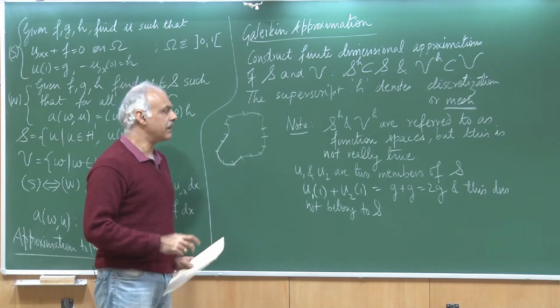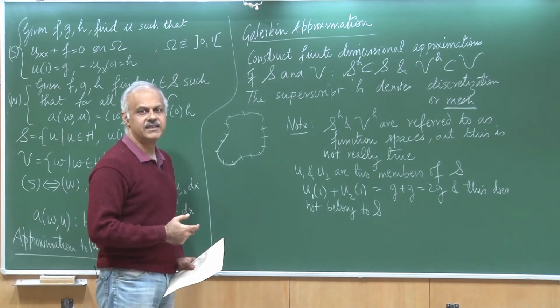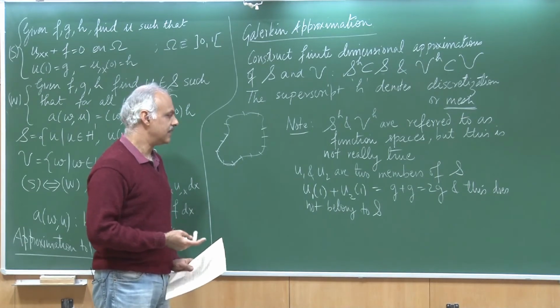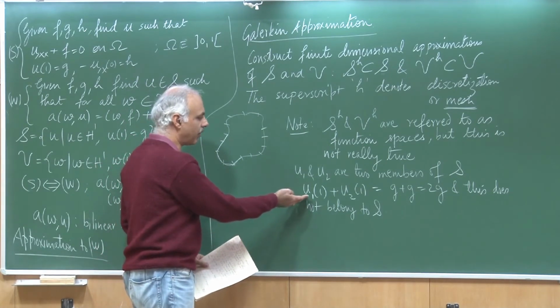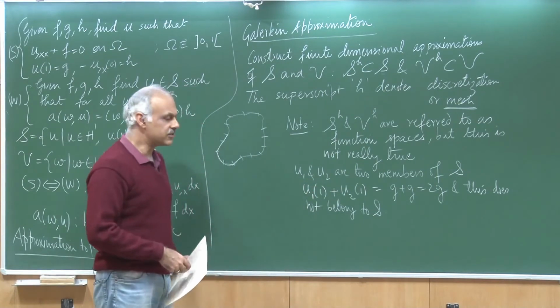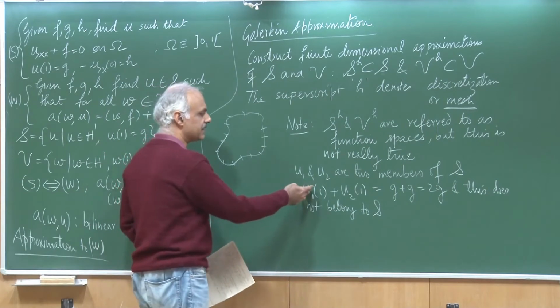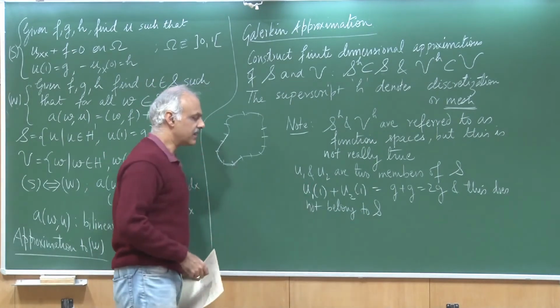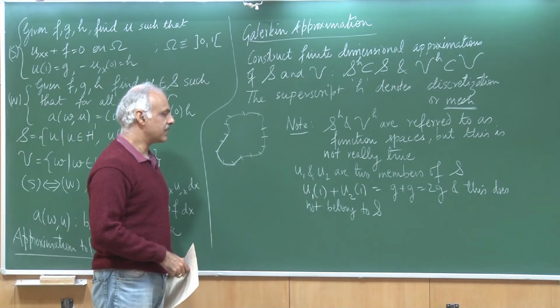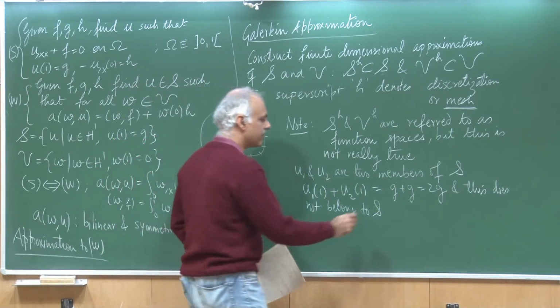So, if I take two members of a vector space and I add them, the answer should also belong to the same vector space. And clearly, because of this boundary condition that both u1 and u2 have to satisfy, their addition is definitely not a member of the same space, and therefore, that is a violation, but we will overlook this.